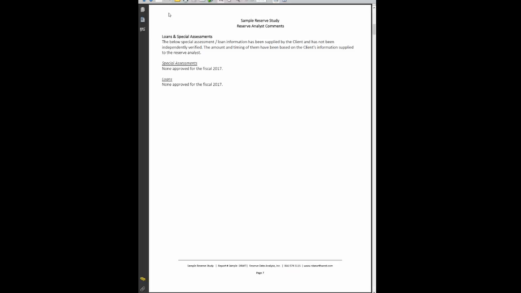Say, oftentimes we're provided a threshold amount to not include anything below, say, $2,500, because it's being paid from the operating account, something like that. Oftentimes we'll include those comments in this section, as well as a description of, say, different phases and whatnot in your community. If there's anything that may need further discussion, we oftentimes put it on this page, the Reserve Analyst comment page.